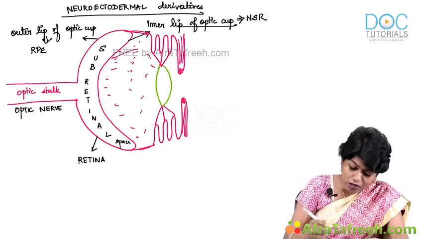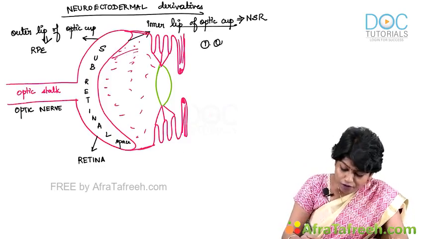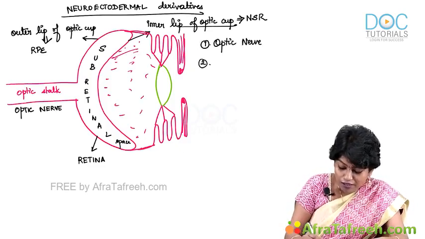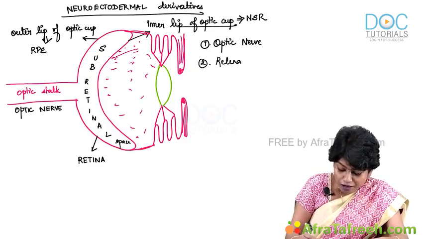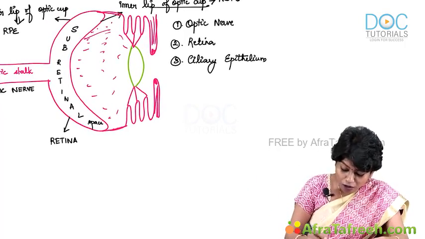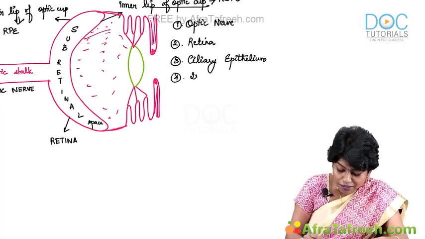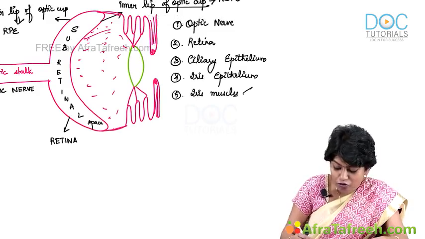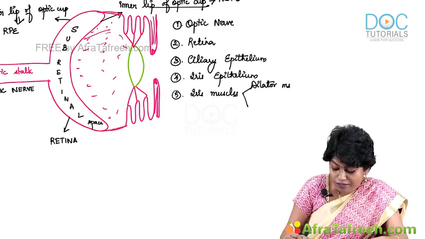So, now let us list it out. Number 1, optic nerve. Number 2, retina. Number 3, ciliary epithelium. Number 4, iris epithelium. Number 5, iris muscles. What are the iris muscles? Both dilator pupillae and sphincter muscle.